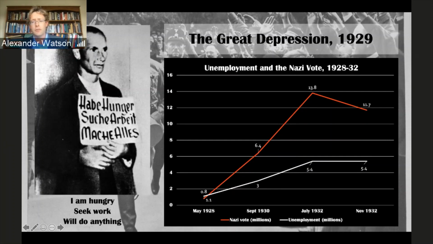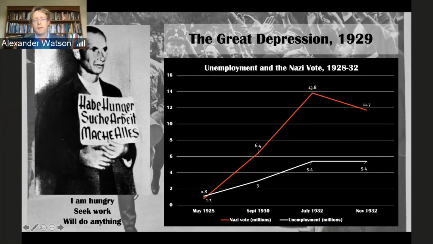If you take a look at the graph, you can see instantly that there is a connection between unemployment and the rise of the Nazis. The Nazi Party vote starts rising after the Great Crash, when unemployment starts rising. And as unemployment rises, the Nazi vote gets bigger and bigger and bigger.